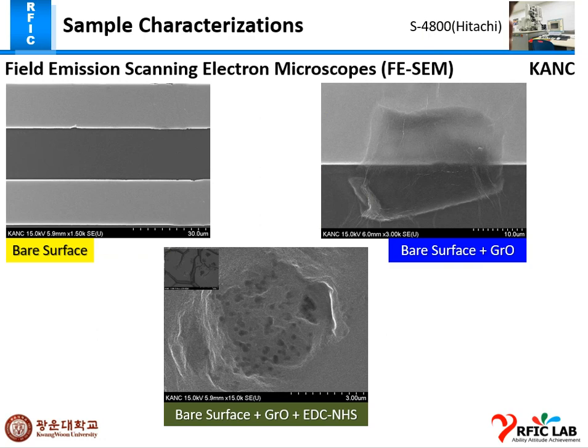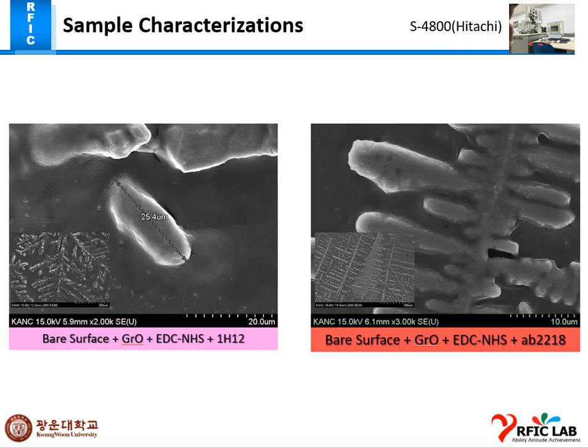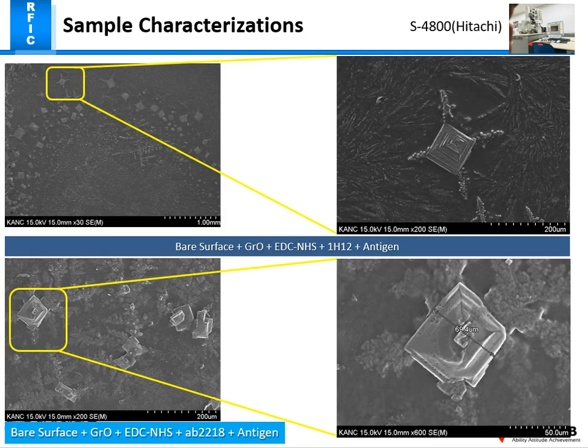And this one is the SEM images. It's 1H12, and on the right side AB2218. This image is related to the antigen, what we got with the antigen molecules.